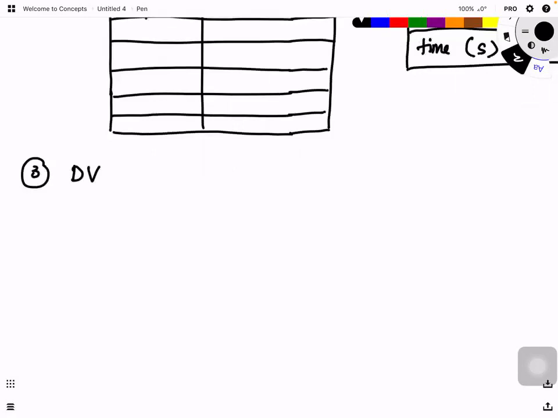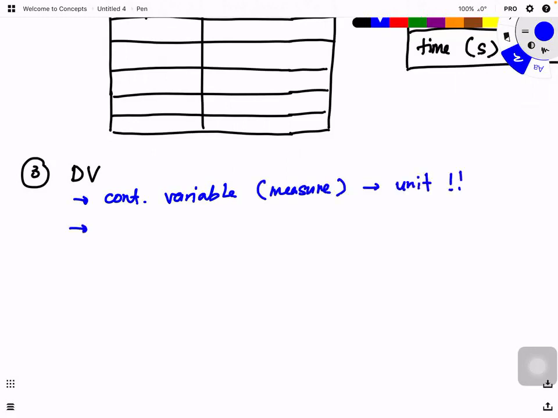Again, you need to know whether it is a continuous variable or not. If it is something that you measure, you need to include a unit. If, for example, you just look at a color change, from red to blue, from blue to green, an increase in size, a decrease in volume, those are discontinuous.